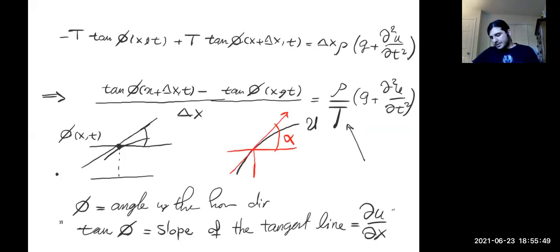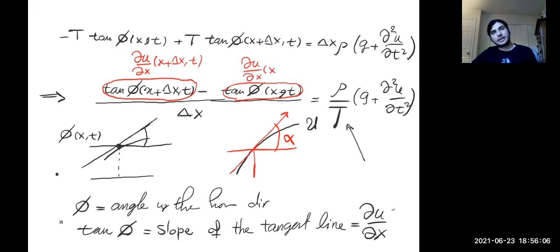Now going back to this equation, it means tangent of phi at this point x plus delta x is equal to the derivative of u with respect to x at the point (x plus delta x, t). And this other term is equal to the derivative of u with respect to x at the point (x, t). Let's rewrite this equation.